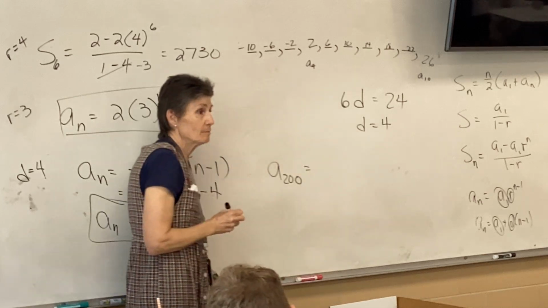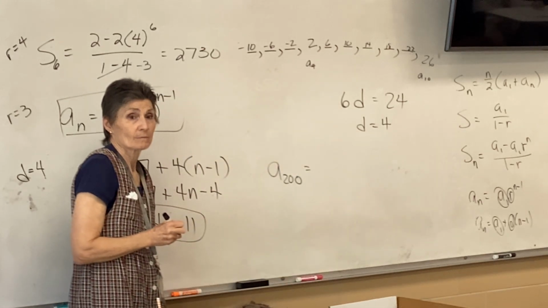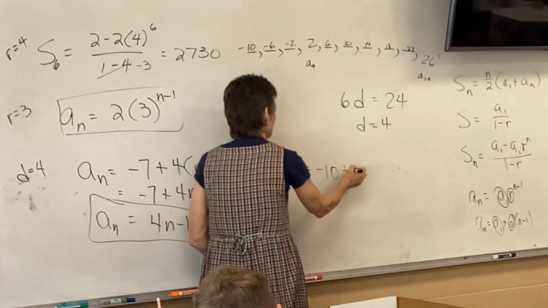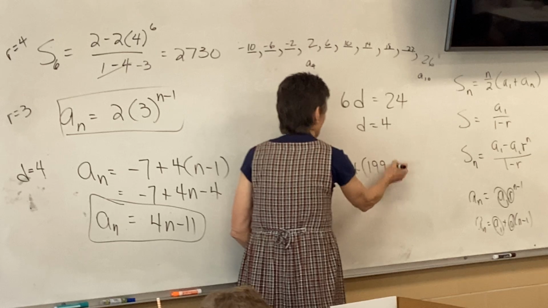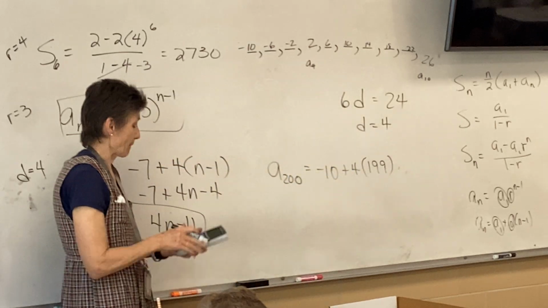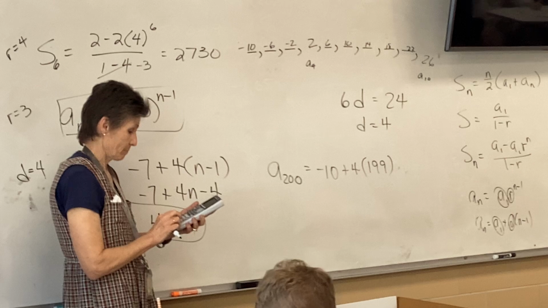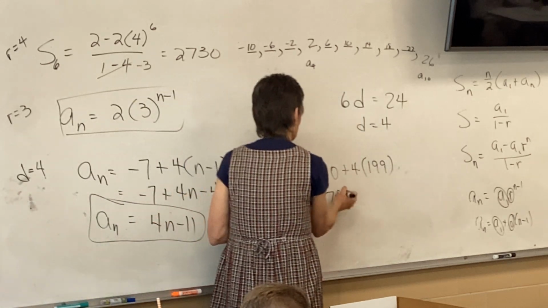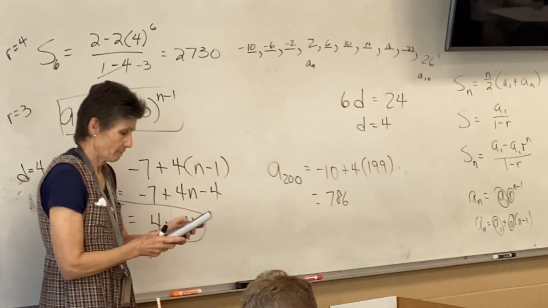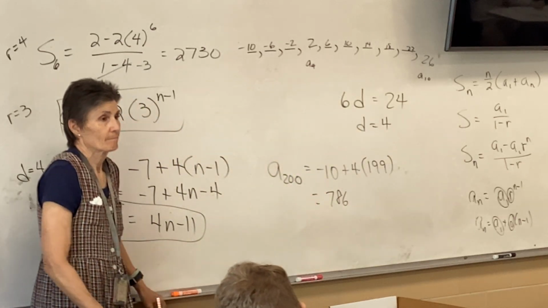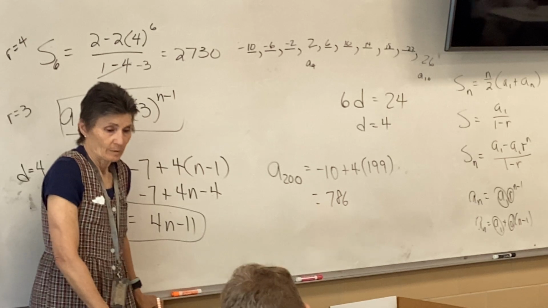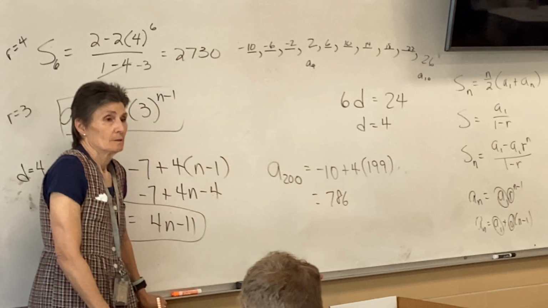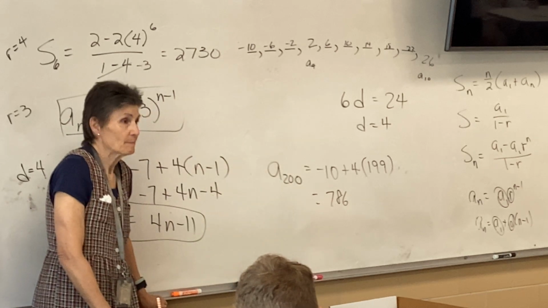I got -10 for my first term. So -10 plus 4 times 199. 786. Okay, that one took a little more time and effort. Did everybody follow all that?